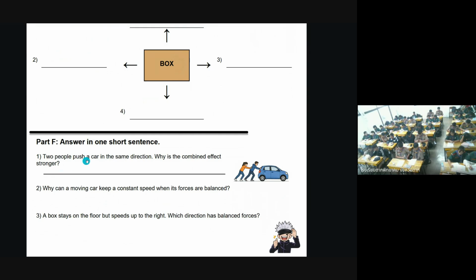Two people push a car in the same direction. Why is the combined effect stronger? Because 2 is bigger than 1. Combined means their strength together.